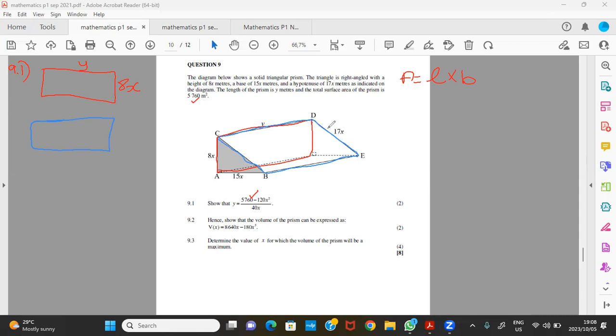Now my length is still y, but my breadth is 17x. That's the second one. Are we all seeing it? Are we all okay, by the way? Yeah. You see, I'm just breaking everything down into smaller shapes.